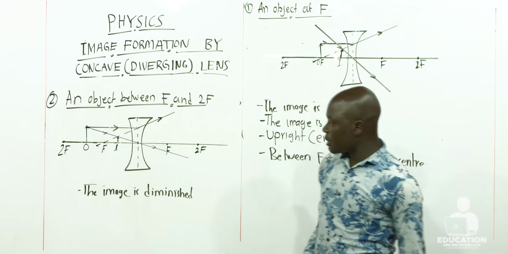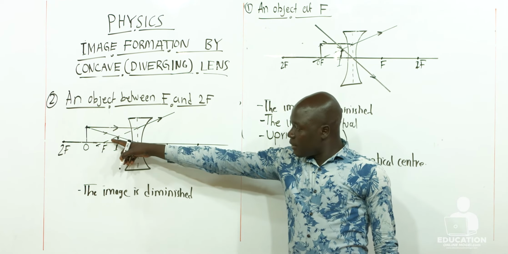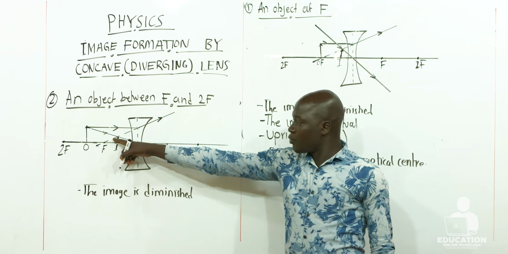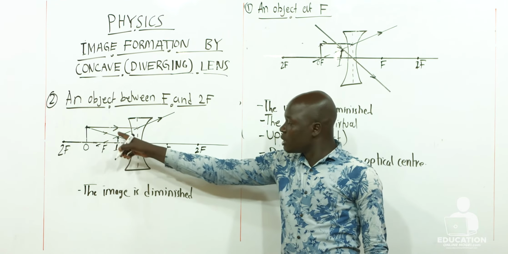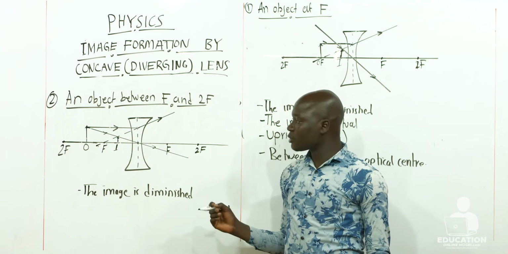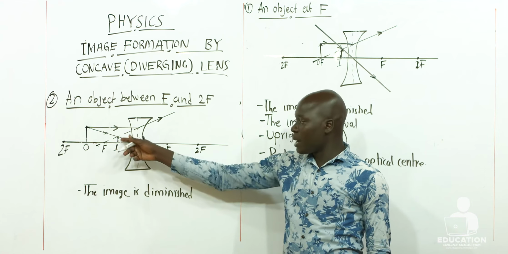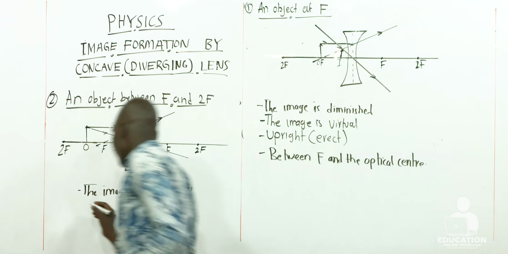Then the second characteristic is that we shall see these two rays. The first ray is not a true ray, so it just appears to be coming from this point. So the image is formed by apparent intersection of rays, which means the image is visual.